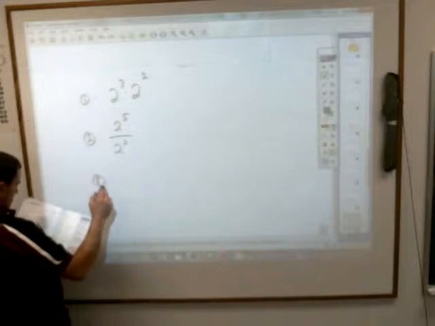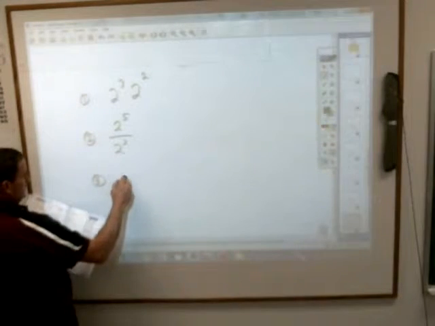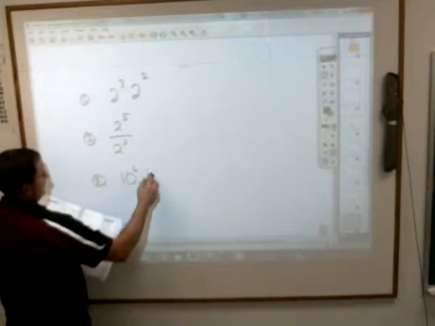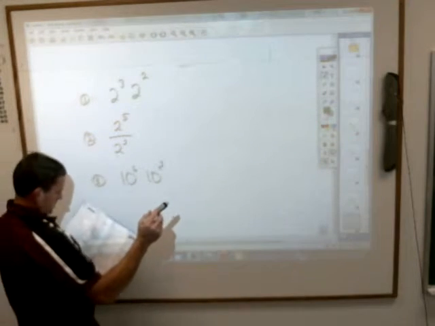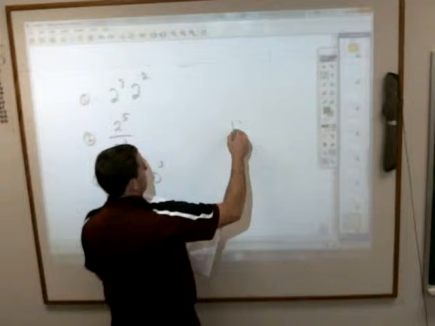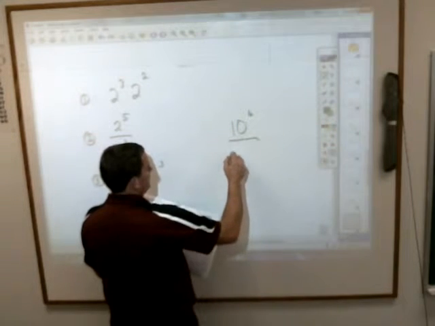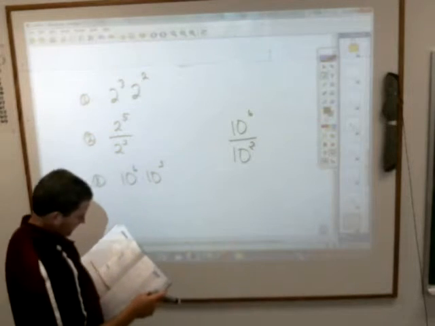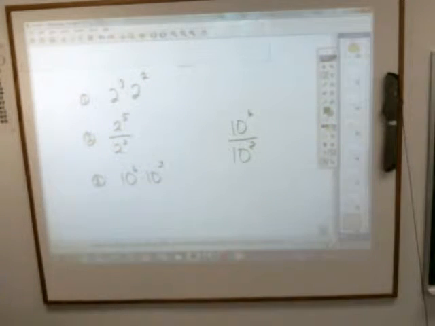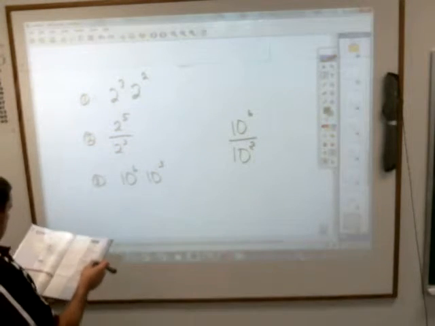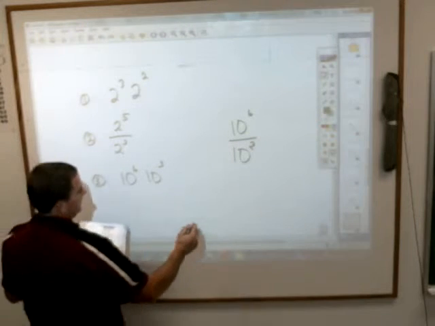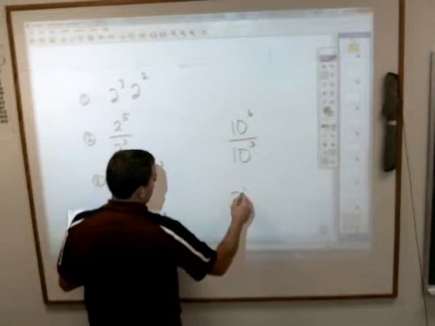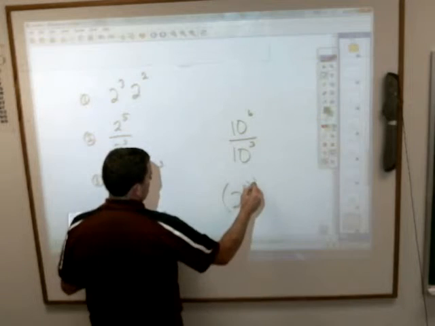Third one, let's do 10 to the sixth times 10 to the third. And 10 to the sixth over 10 to the third. And I must have missed one here. How about, yeah, 2 to the fifth power squared.